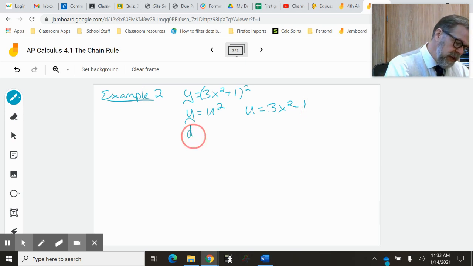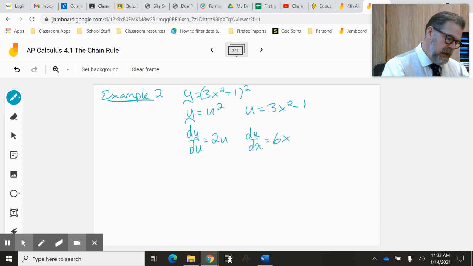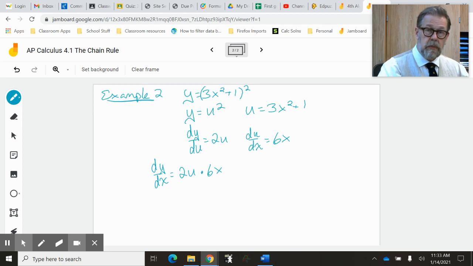The rate of change of y with respect to u is 2u. The rate of change of u with respect to x is 6x. So the rate of change of y with respect to x must be 2u, dy/du, times 6x, du/dx, based on what we did on the previous page.